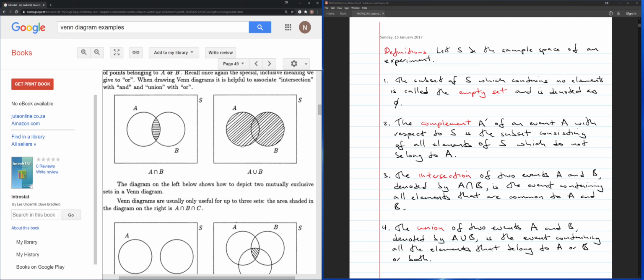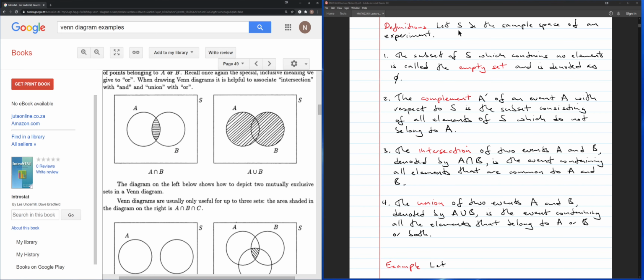So notice A union B is different from A intersect B. A intersect B consists of elements that must belong to both of them, must belong to A and must belong to B. A union B means it can belong to A, belong to B, or belong to both A and B. So that's what A intersect B is, and what A union B is.